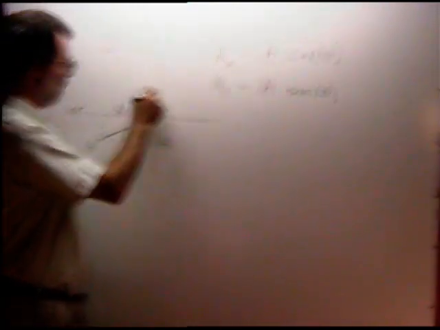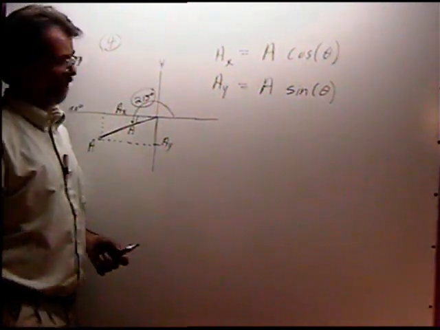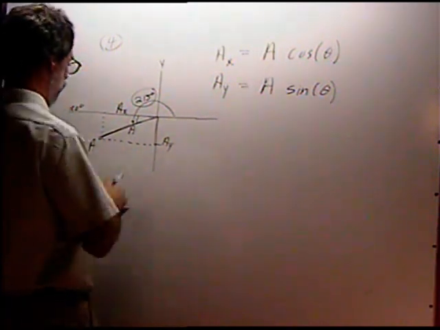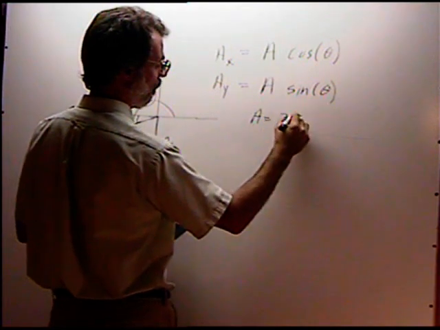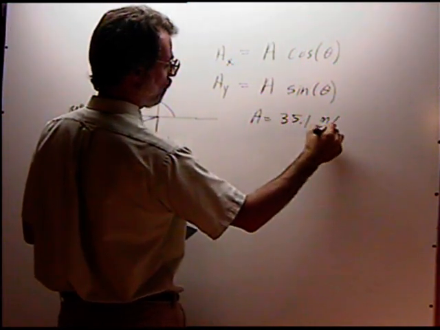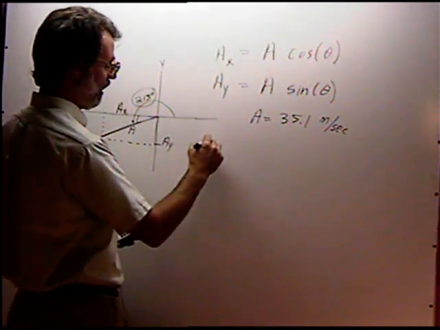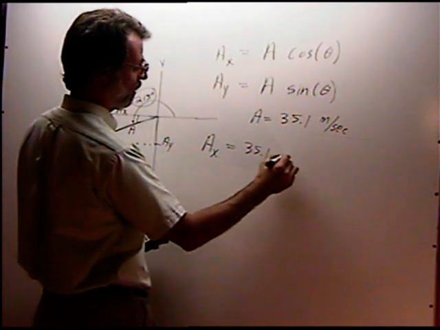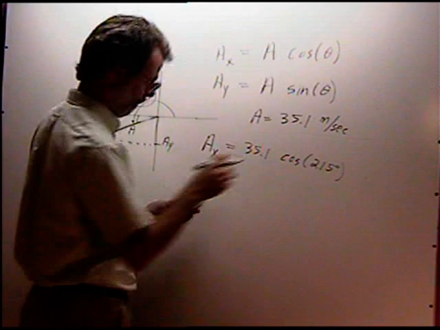Now, if we use the full 215 degrees, which we should, the signs will take care of themselves. Just be careful and make sure. So A is 35.1 meters per second. AX will be 35.1 times cosine of 215 degrees.